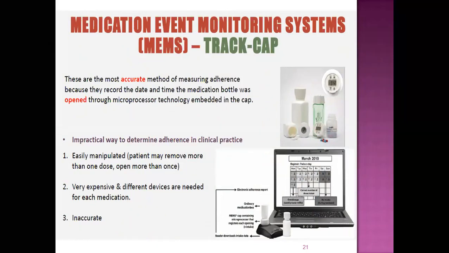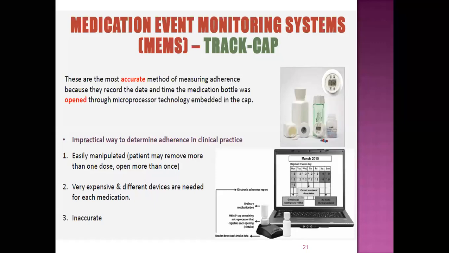This is the most accurate method for the measurement of medication adherence. What is the reason? With the help of electronics, they record the date and the particular time of the medication, whether the bottle was opened or closed at particular times.